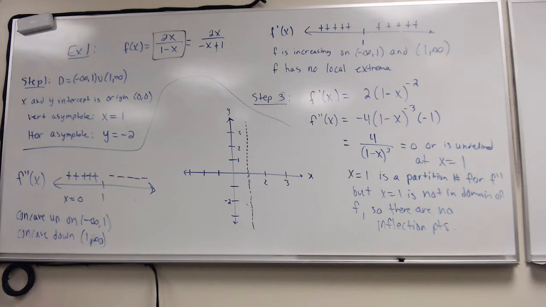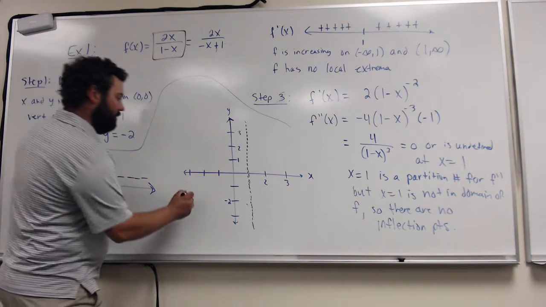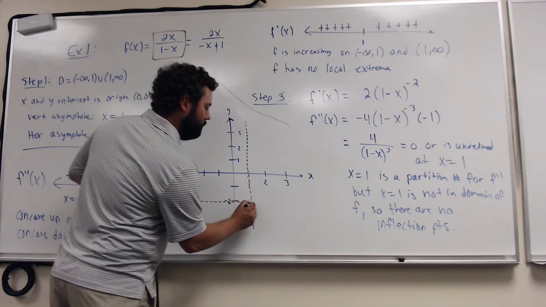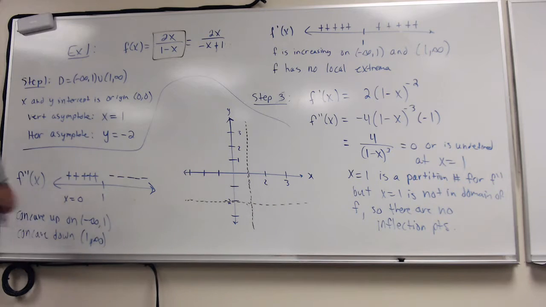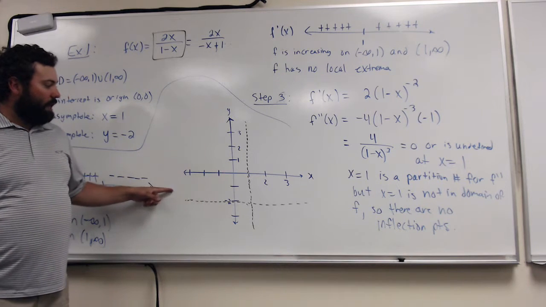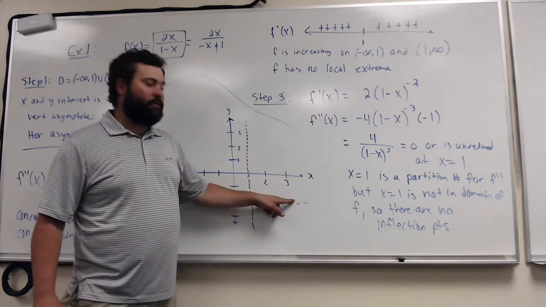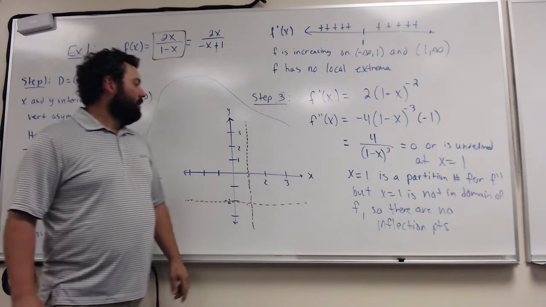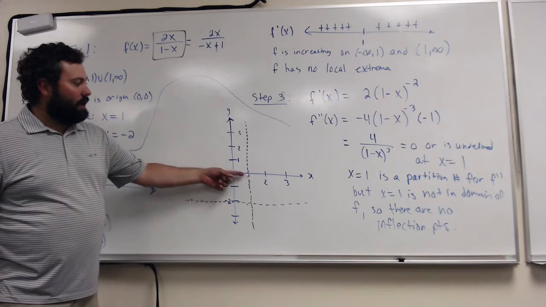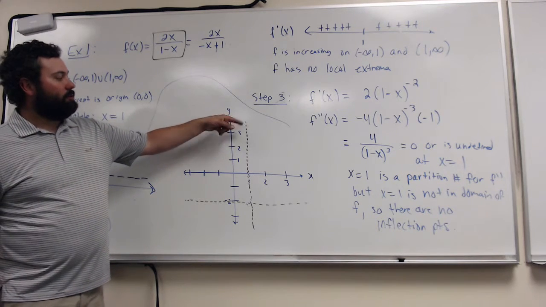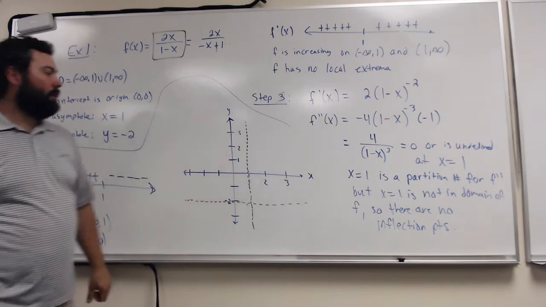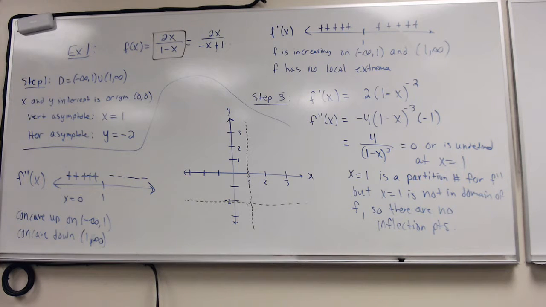And then the horizontal asymptote is down here at minus 2. Now, as you move to the left, the function has to get close to this asymptote, and as you move to the right, the graph has to get close to the horizontal. And as you approach 1 from the left or right, the function either needs to go up to infinity or down to minus infinity. So let's see if we can figure this out.